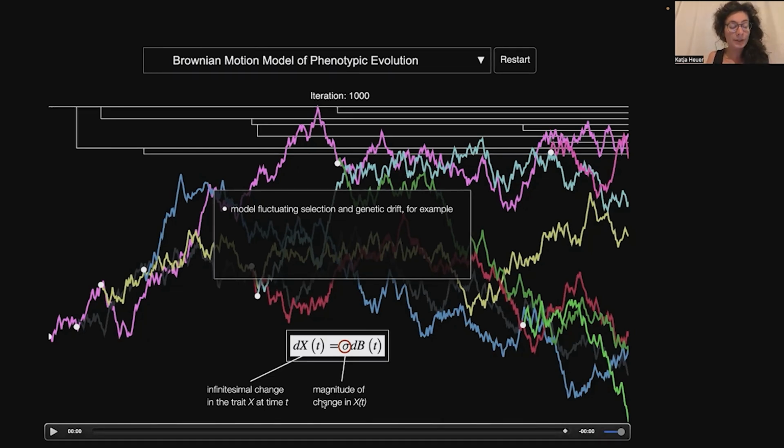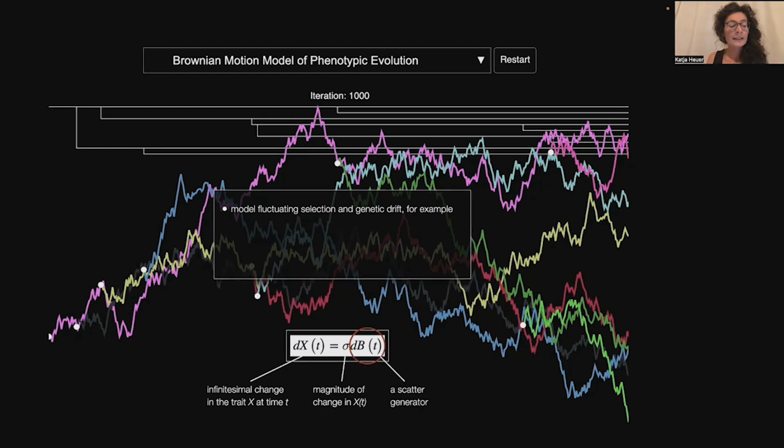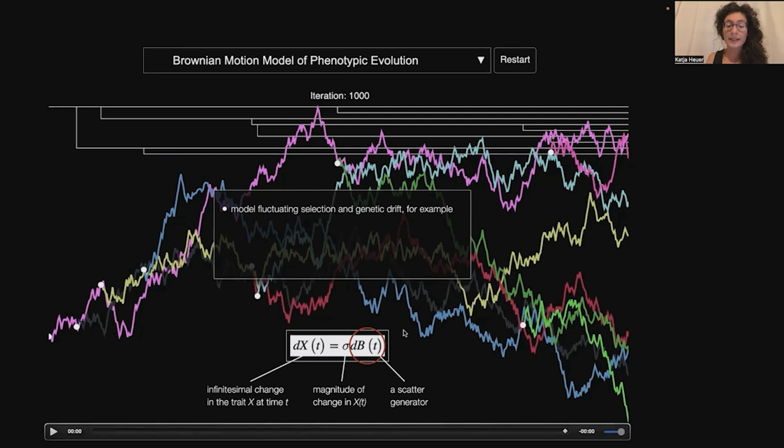And so a larger evolutionary rate parameter implies a more substantial change per unit of time, which then will lead to a greater trait variability. And then you have the scatter generator, so for making the random fluctuations. And the Brownian motion model assumes that there is a mean of 0 and a variance of 1. And over time, it ensures that the trait changes are randomly and normally distributed.